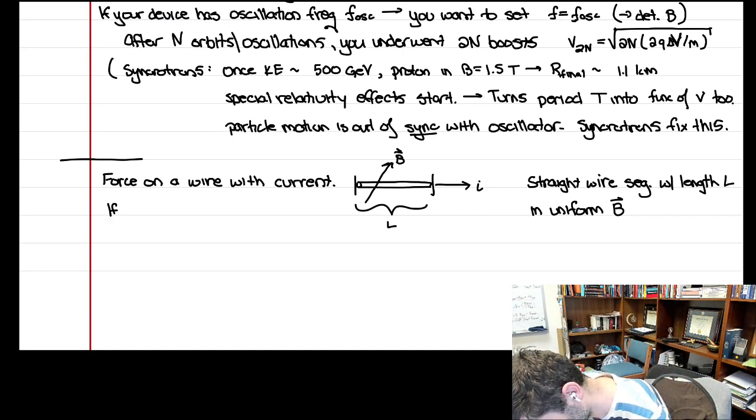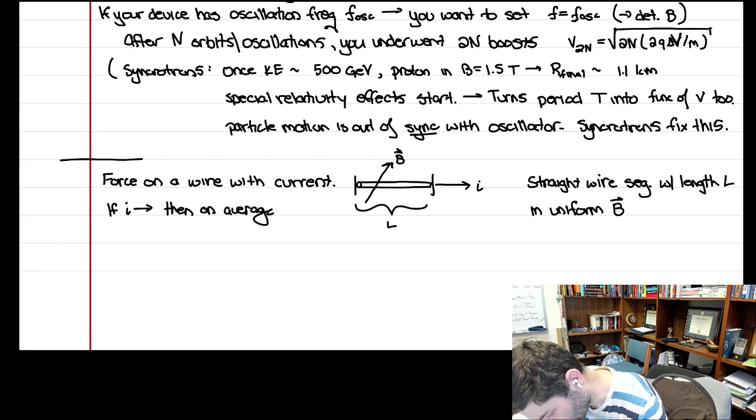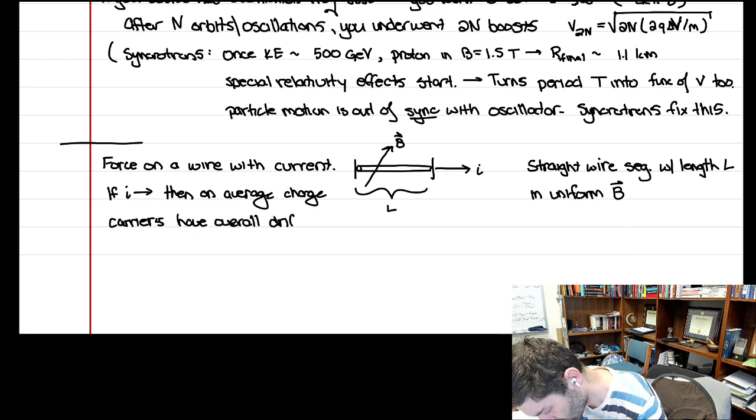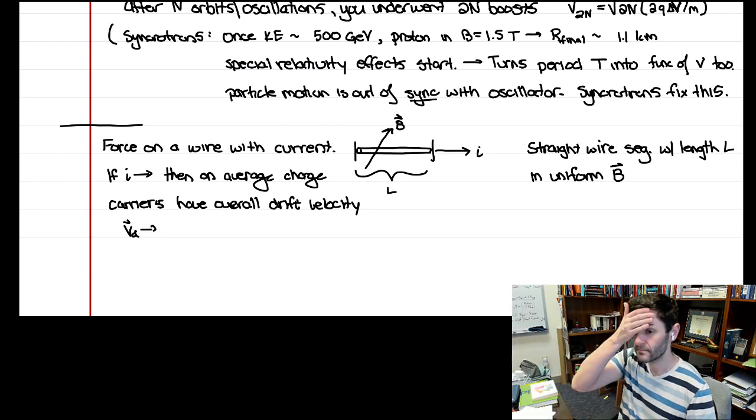So if I points that way, then on average the charge carriers have an overall drift velocity, I'll say v sub d, that points that way as well.